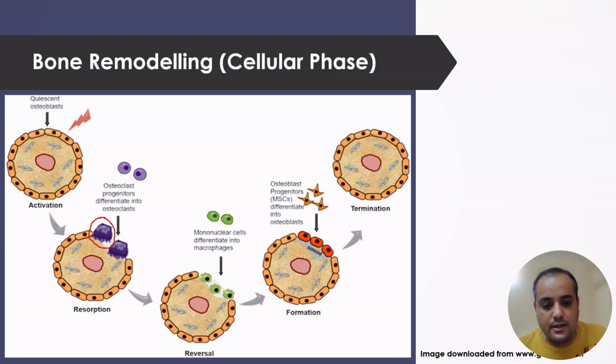Now this resorption process will be reversed first by the mononuclear cells which differentiate into the macrophages, and also the osteoblast progenitors are going to differentiate into the osteoblasts, and ultimately they are going to cause the deposition of the bone. And in this way the old bone, suppose this is old bone, will now be replaced by new bone. So this is what is happening in case of the remodeling of the bone.